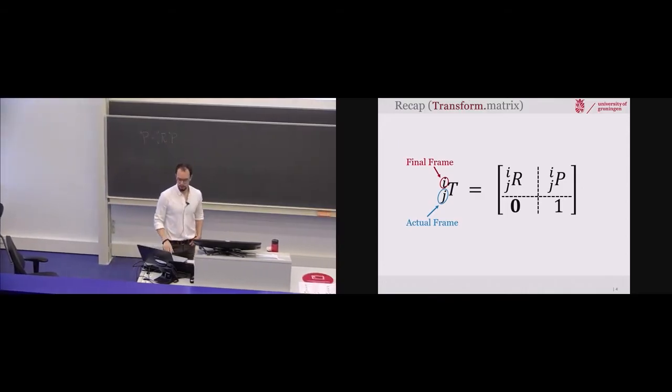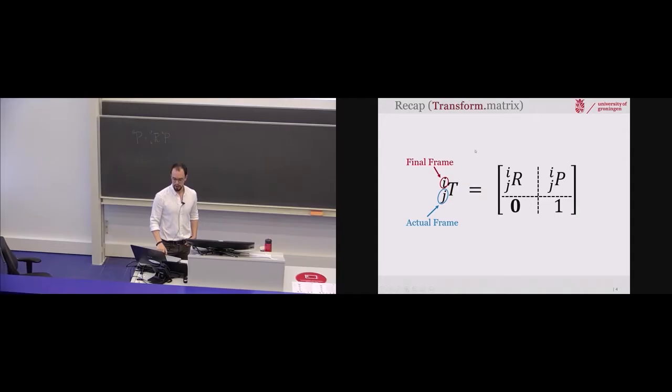So this is what final frame and actual frame mean: the final frame in which you end up is the one in the upper appendix, and the actual frame, the current one, is the one in the bottom appendix. Then the dimension of a transformation matrix is 4 by 4, and obviously we have the rotational matrix that is a 3 by 3 matrix, and the vector of position that is a 3 by 1 matrix in which there is x, y, and z. Okay?